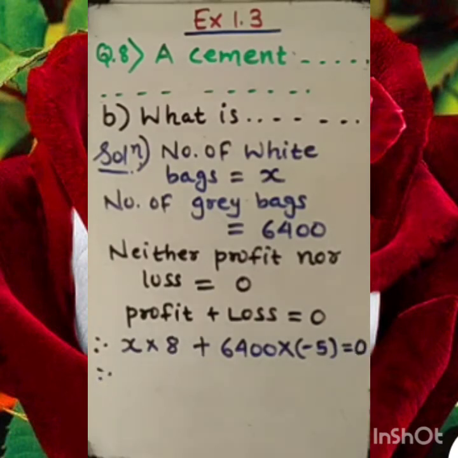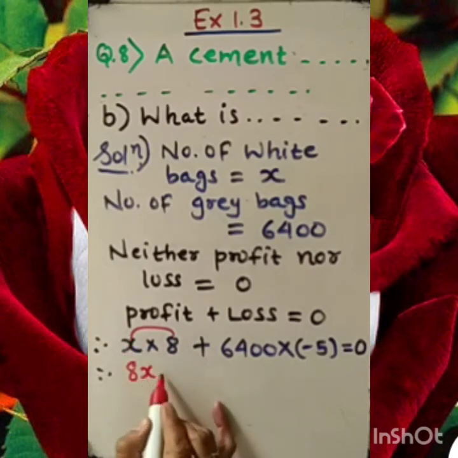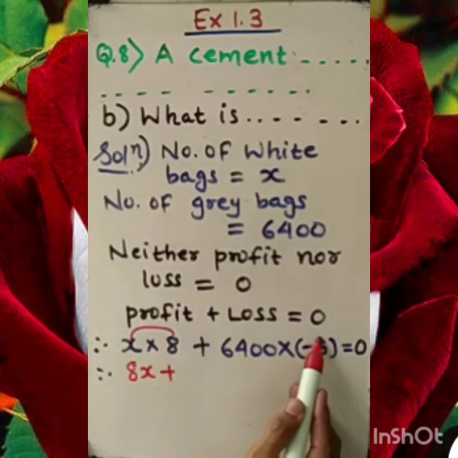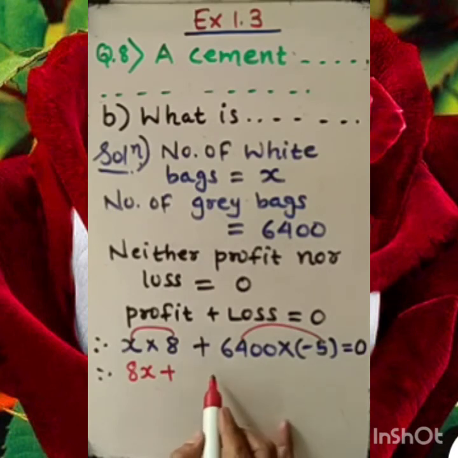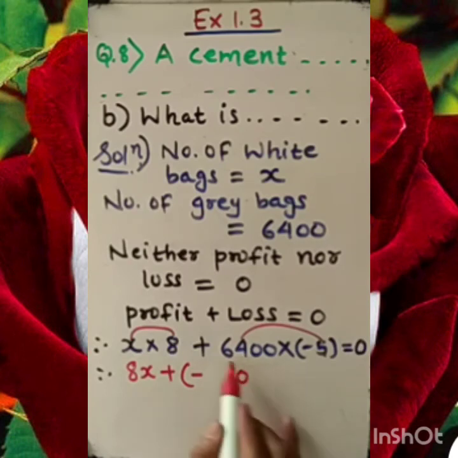Therefore, how do we simplify this? We need to multiply. Here 8 into x, that is 8x, plus 64 into 5, minus. 5 fours are 20, 2 carry over, 5 sixes are 30 plus 2 is 32.